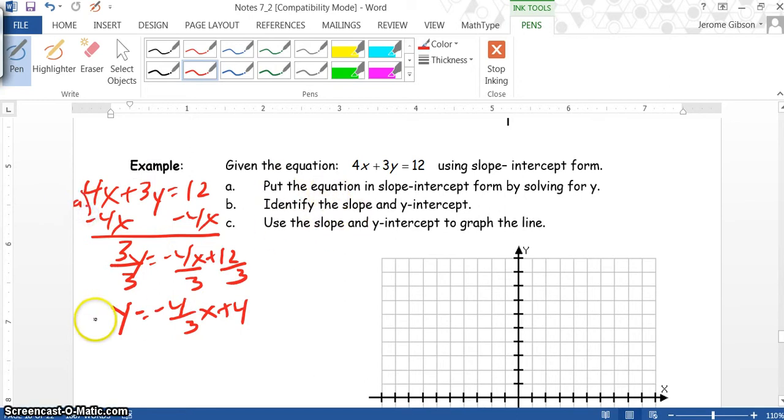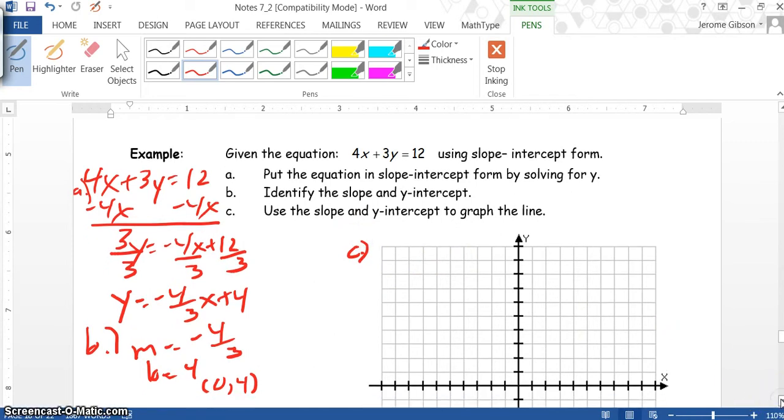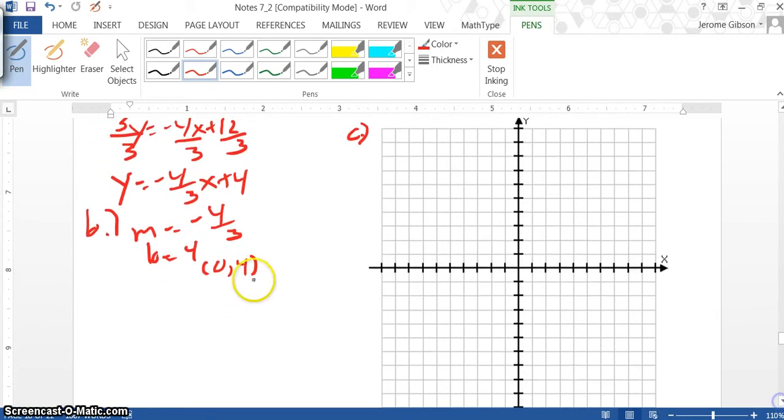Now this would take care of A. Now we want to do B. Identify the slope and the y-intercept. The slope here would be -4/3, and we know the y-intercept would be 4, or written as an ordered pair, (0, 4). Now for C, we want to graph it. So we put in the ordered pair, which is (0, 4), the y-intercept. Now we do our rise over run.